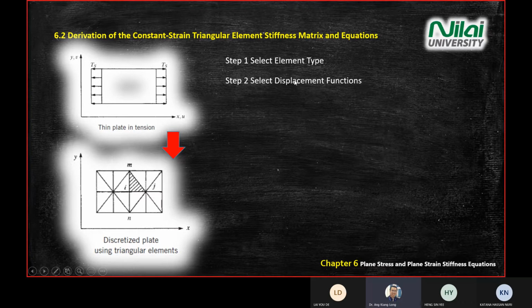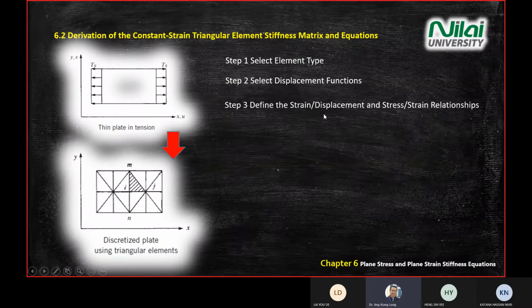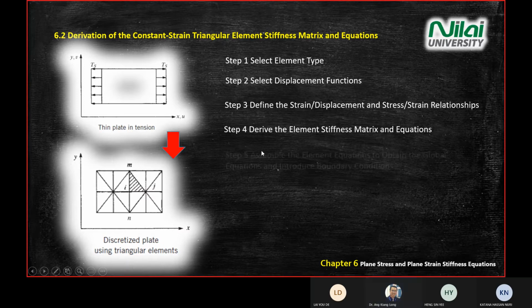So first, element type. Second, displacement function. Third, stress and strain relationship. This is we keep repeating the same thing. And the fourth one is the stiffness matrix. We go for elements, stiffness matrix, then we combine into a global matrix. Right. Step 3, 4 is keep repeating like what we learned from chapter 4 and chapter 5.